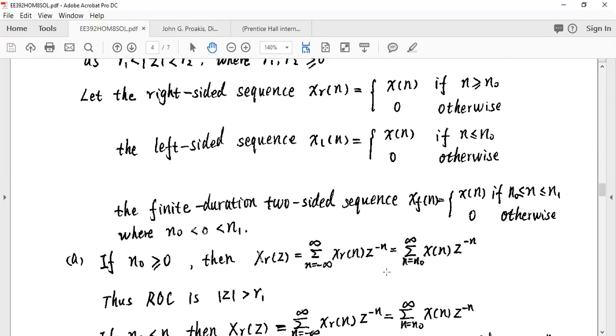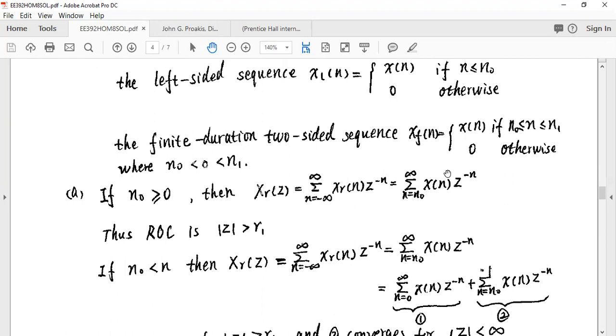Any value less than n naught is going to be 0, otherwise if n is greater than or equal to n naught, so n naught is my lower limit. N could be any value up till infinity. That is why my limits are n equal to n naught to infinity, x of n, z to the power of negative n.